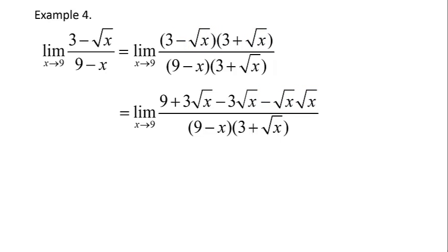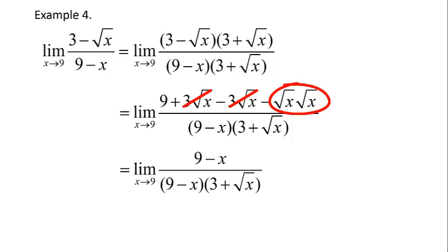In the denominator, it's actually best to be lazy here. Don't multiply these pieces together. It's best to leave them as the quantity 9 minus x times the quantity 3 plus the square root of x. Let's simplify the numerator. Notice that the 3 square root of x minus 3 square root of x will cancel. And the square root of x times itself simplifies to just x.